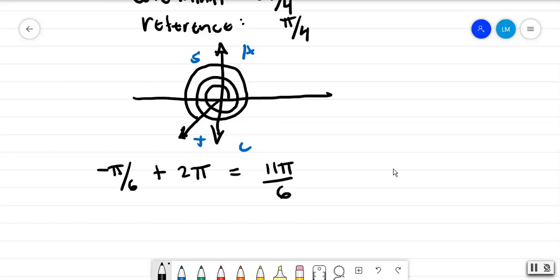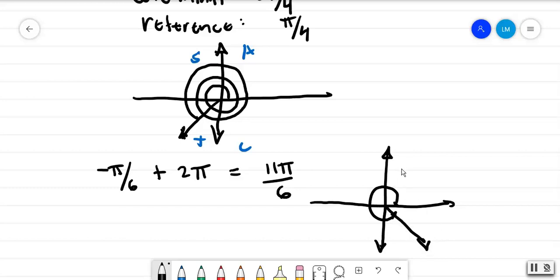Now, what does that mean? That means the angle measure did almost a full rotation, 330 degrees. So it looks like that.